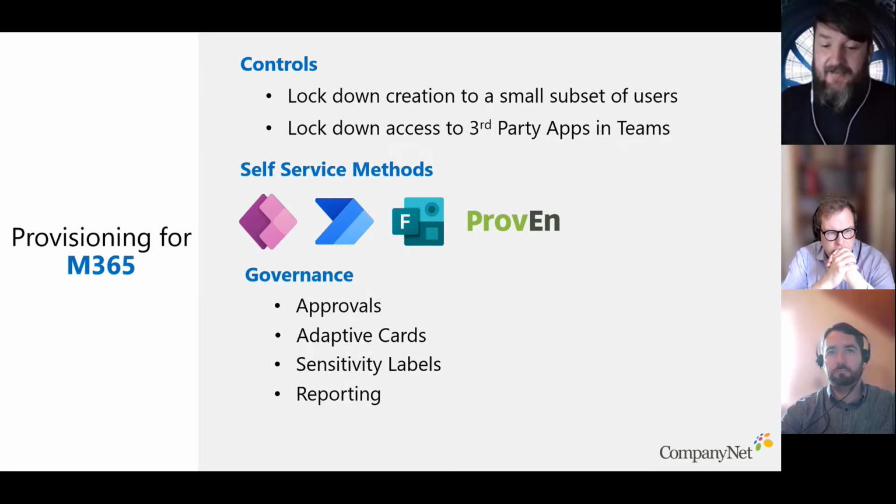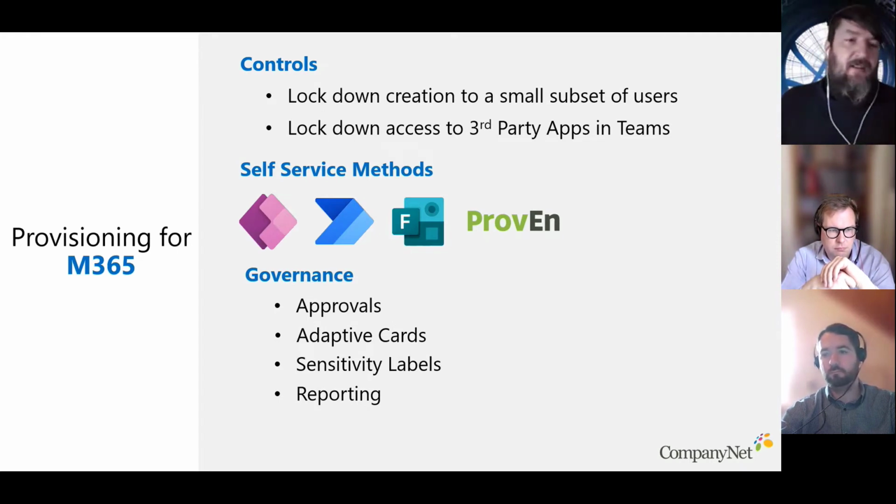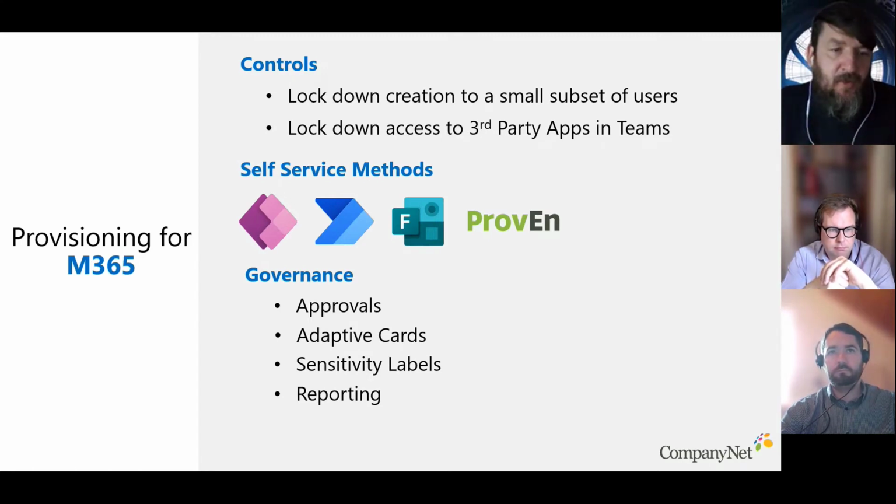And the full picture is not just how many of these are being created, but how many of this type are being created, or how many that include this label are being created. And that's where things like Proven or a more advanced implementation of Power Automate can really assist there. Excellent.